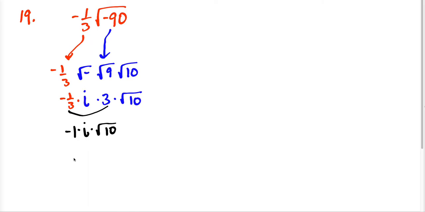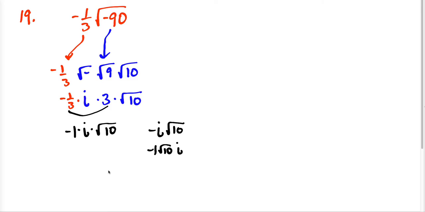I want to say the answer in the book is probably negative i root 10, because the textbook usually writes the i before a square root. I know some of you probably would write negative 1 root 10 i, and that'd be okay too. They're all correct however you want to write it, as long as your information is simplified and the right information.